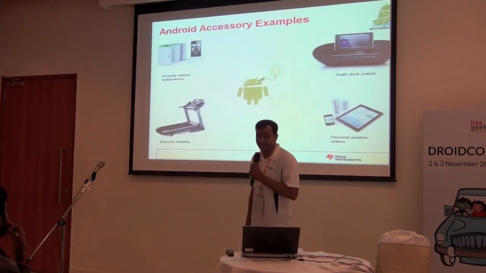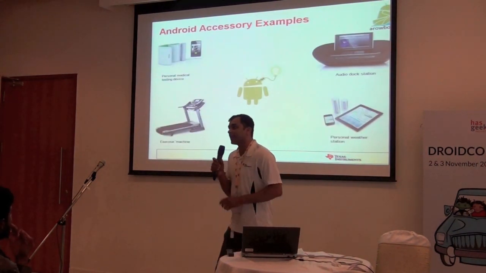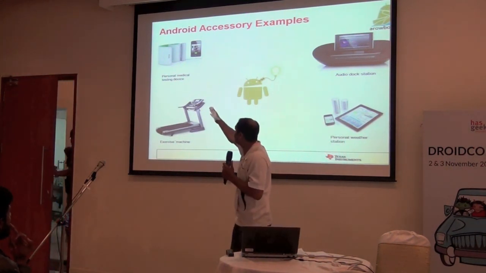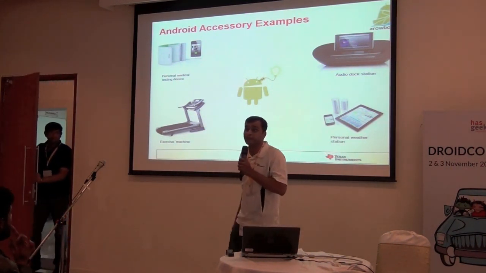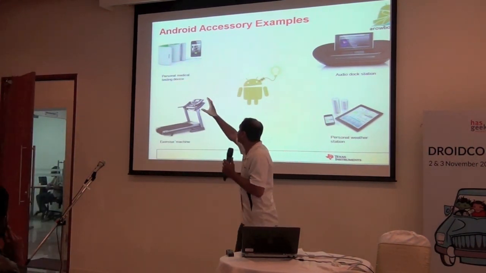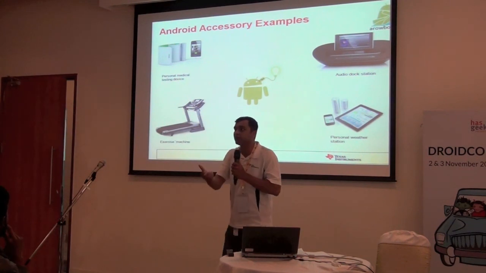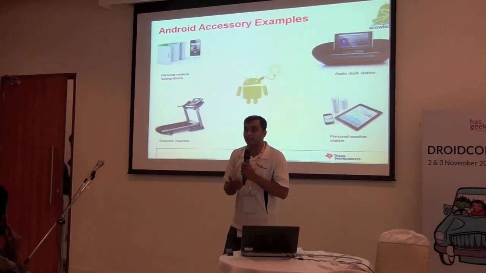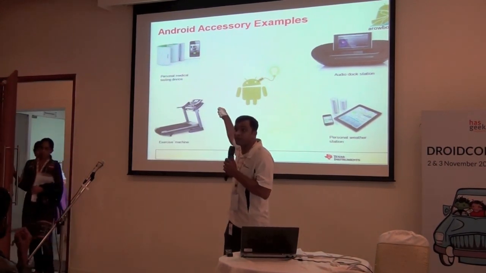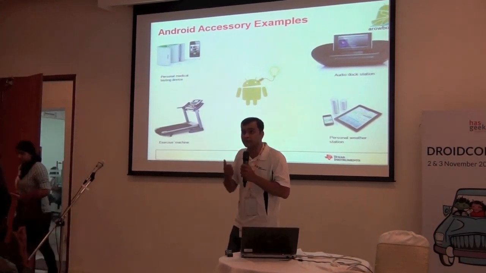So Android accessory examples. Android accessory can be your audio docking station, or it can be a pressure monitoring, personal medical testing device. For example, blood pressure monitoring system, wherein you can connect that accessory to your phone and your phone will actually display your blood pressure data. Or it can be an ECG machine, and wherein you can connect it to your phone and phone will actually monitor ECG.